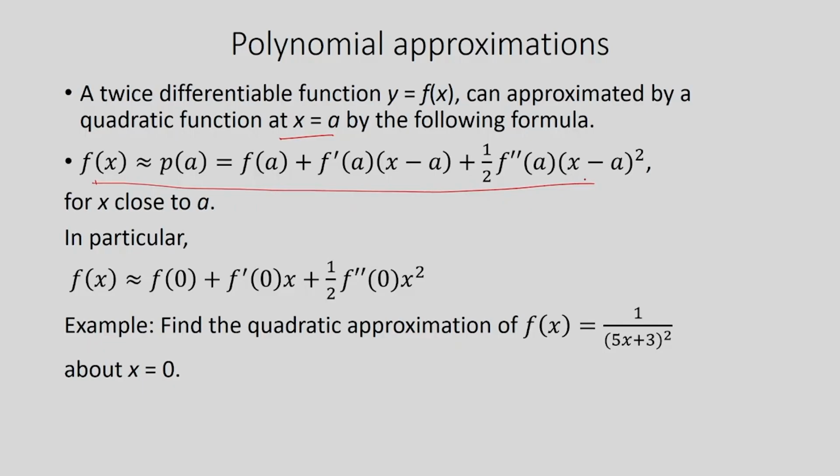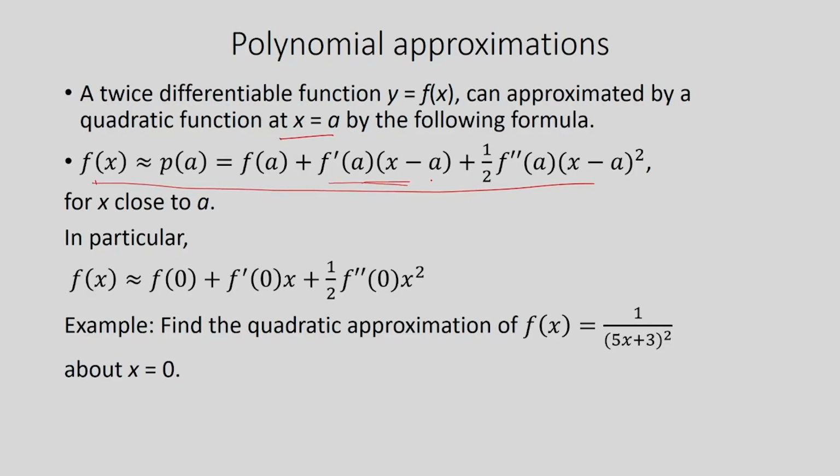So, f of x is equal to, I am expressing it as just p of a. So, p of a is equal to f of a. So, you are evaluating the function at that particular point small a plus f prime of a multiplied by x minus a.